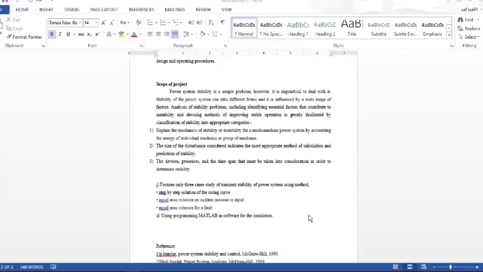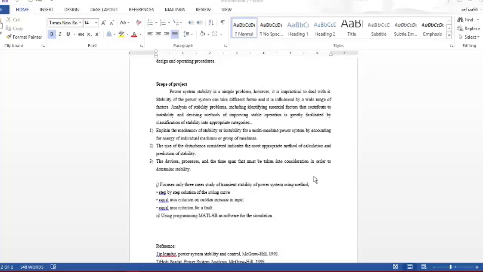Okay, for the scope of the project, power system stability is a simple problem. However, it is impractical to deal with it as a whole. Stability of the power system can take different forms, and it is influenced by a wide range of factors. Analysis of stability problems, including identifying essential factors that contribute to instability and devising methods of improving stable operation, is greatly facilitated by classification of stability into appropriate categories, which is: 1.